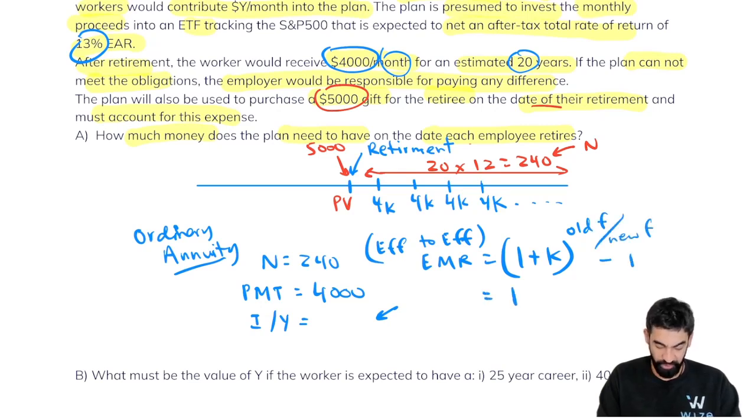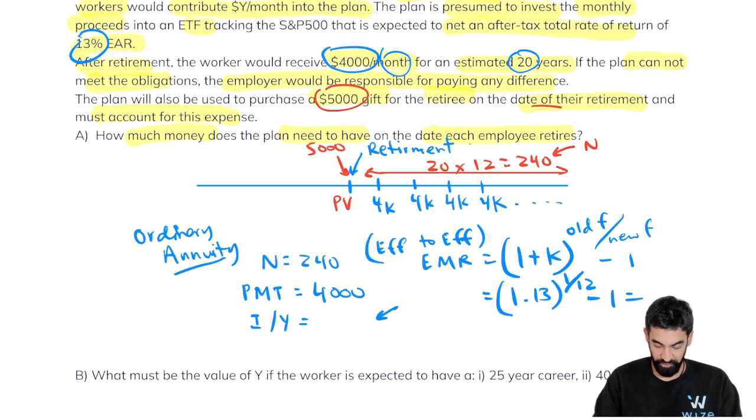So in this case, that would be 1 plus 13%. So that's 1.13, because that's the effective annual rate, to the power of old F over new F. What's the old F? It's 1, because effective annual rate means 1 payment per year. But I want to find the effective monthly rate, which is the new F, 12 months in a year, minus 1. This would convert the annual into a monthly rate.